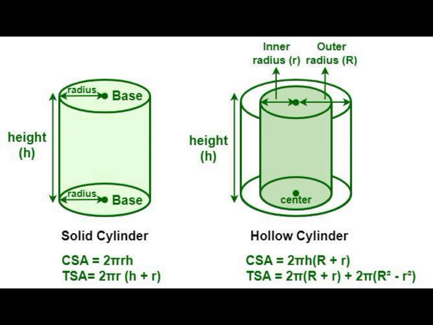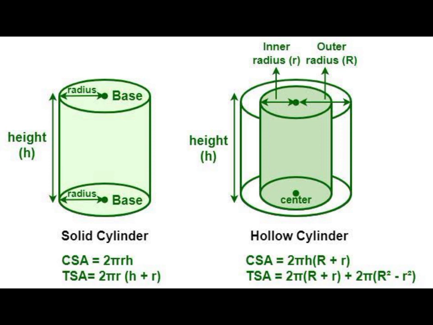Then for the total surface area, we have 2 pi r then h plus r. So this is what you do. Here, you exclude the r also. So you are still going to put 2 pi r. Just forget about the bracket h plus r. We don't care about the bracket.